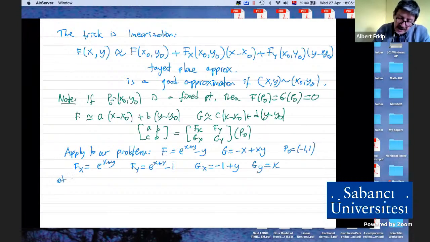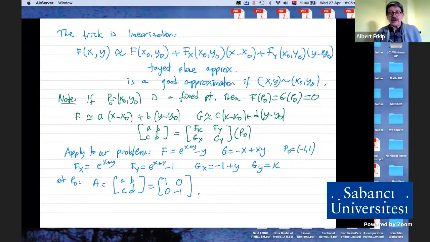So at P0, this matrix A, which is A, B, C, D, is what? You put e to the 0, which is 1. E to the 0 minus 1 is 0. Minus 1 plus 1 is 0. And g sub y is x, which is minus 1.